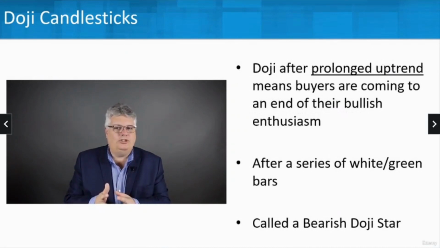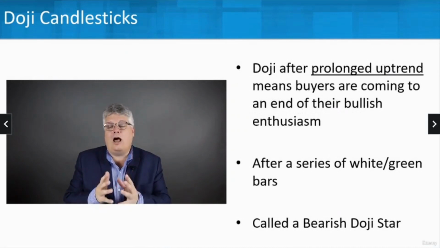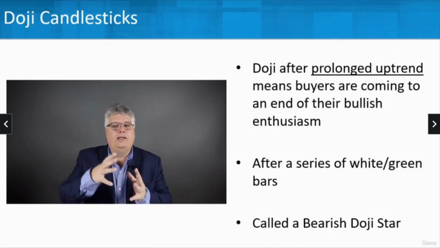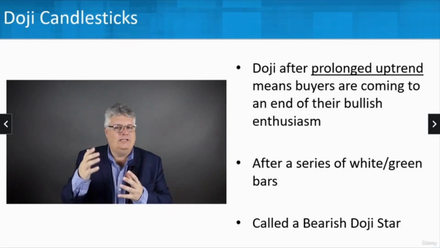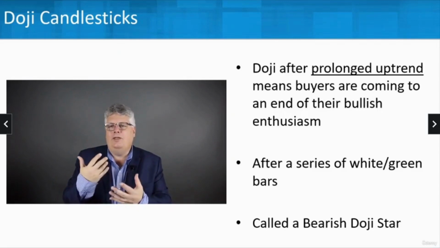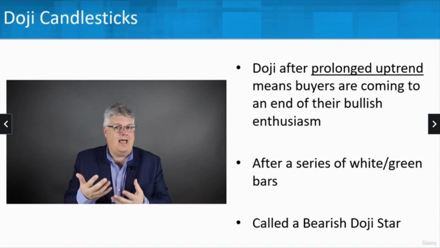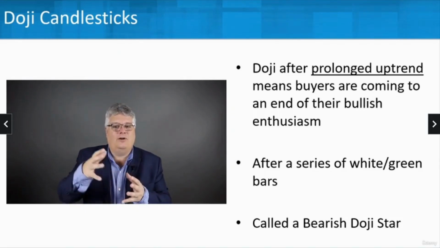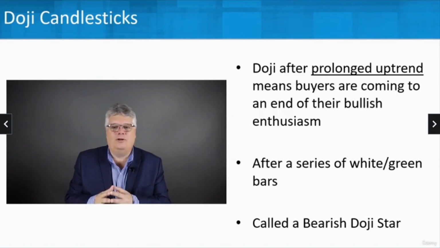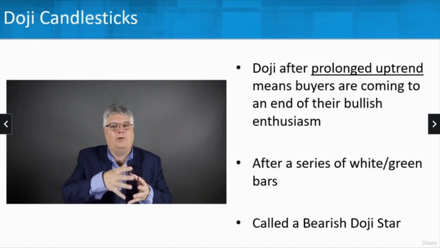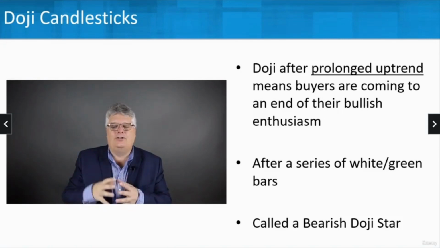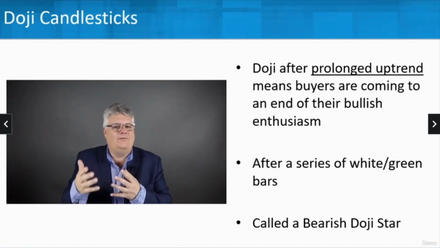So a doji that occurs after a prolonged uptrend, where the prices have been rising and you start seeing a doji, could mean it's coming to an end of the buying or bullish enthusiasm. That would be a series of white or green candlesticks, and that might be the end of that trend.